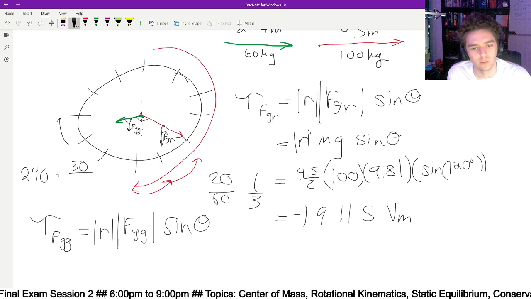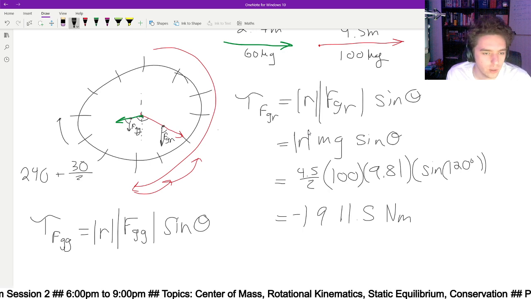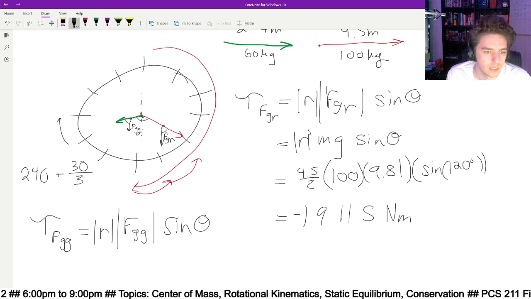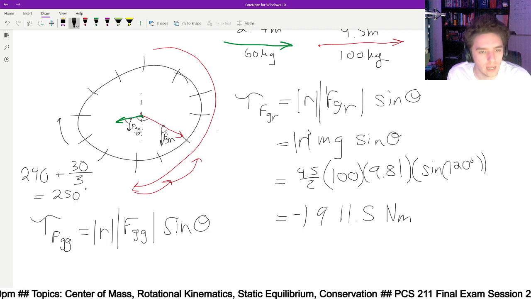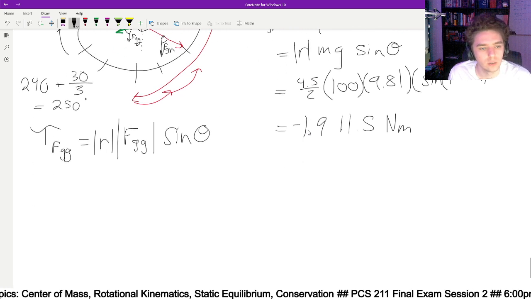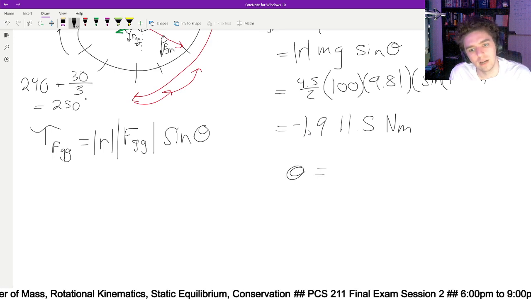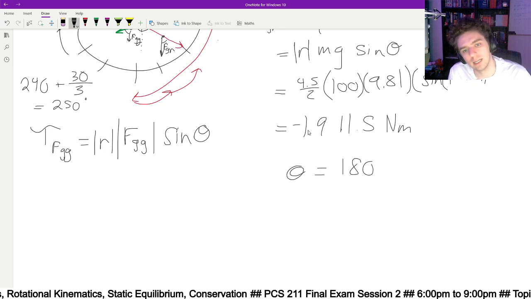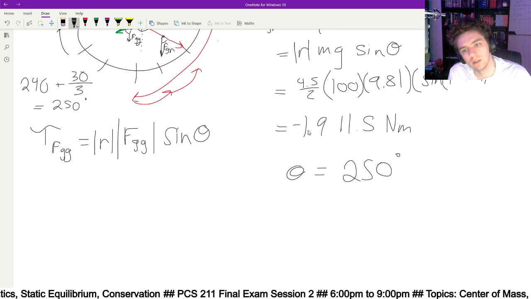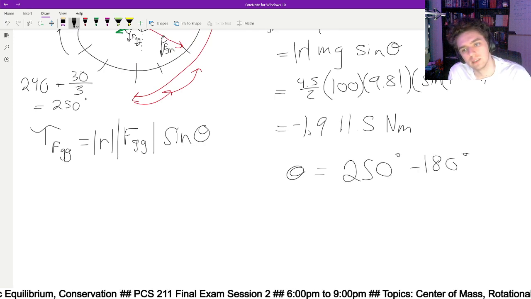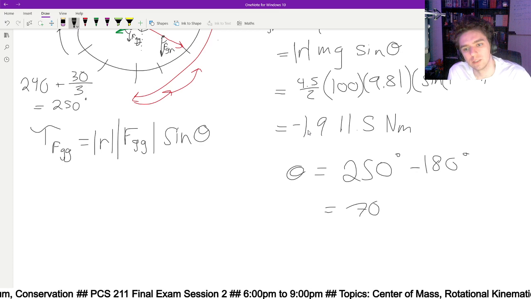Yeah, so 1/3 of the way. Yeah, sorry, I was thinking of 100. So we're 1/3 of the way, right? So this is just going to be 250 degrees. So that whole thing is 250. So theta, I'll write it over here. Theta equals that angle, which was 250, minus 180 degrees, right? Which is just 70 degrees.